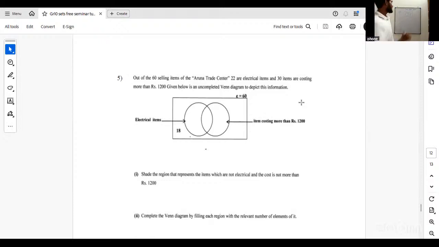60 items total. So there are 18 here. It's shades, electrical items. And the items costing more than 1,000.